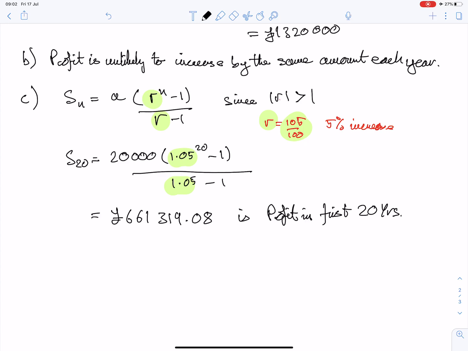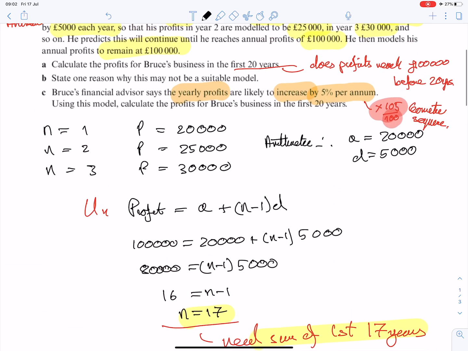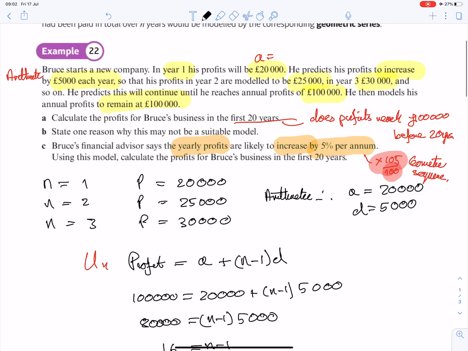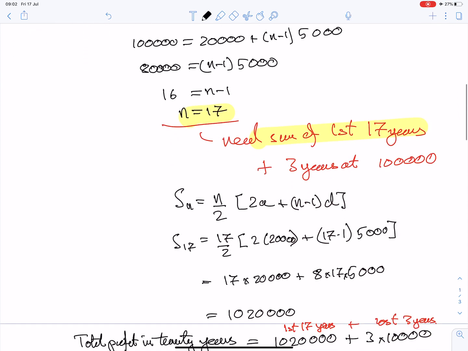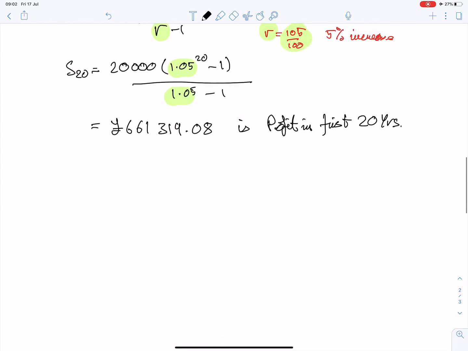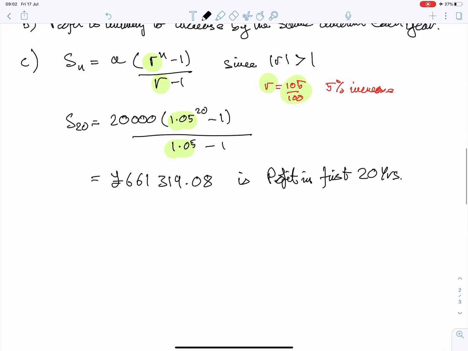Right. Not that I'm going to do it, but it's quite an interesting question to think, will the first model always produce more profit than the second? Yeah, the arithmetic or the geometric, or will over time the geometric produce a better profit? And well, I know that it will be the geometric, because the geometric graphs go like this.